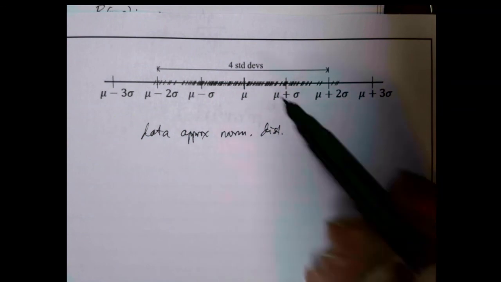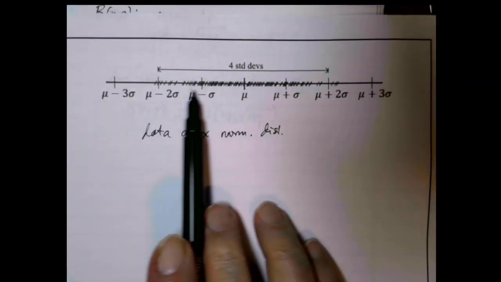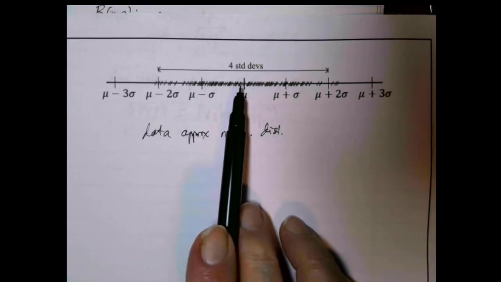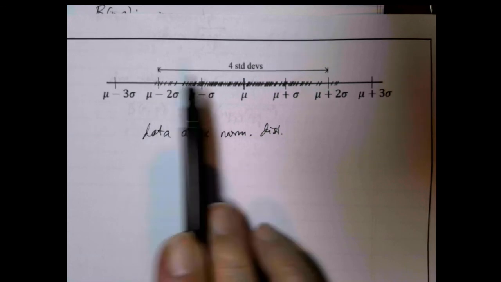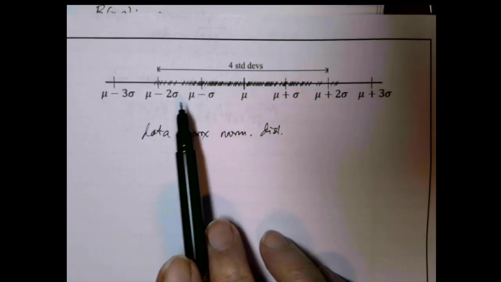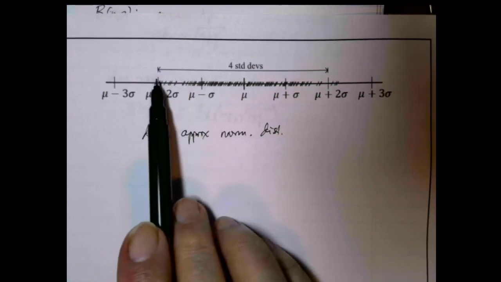Okay, take a look at this. The empirical rule says that 95% of that data will be within 2 standard deviations of the mean, so between this point and this point. In practice, it's often more than 95%, but you know it's going to be at least 95%.